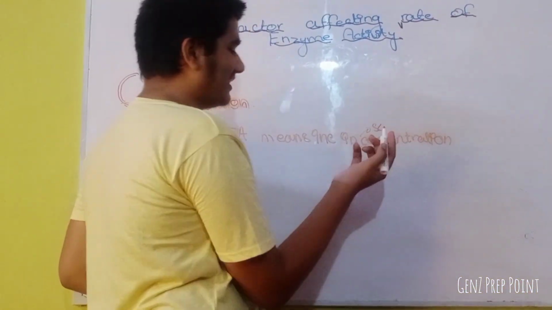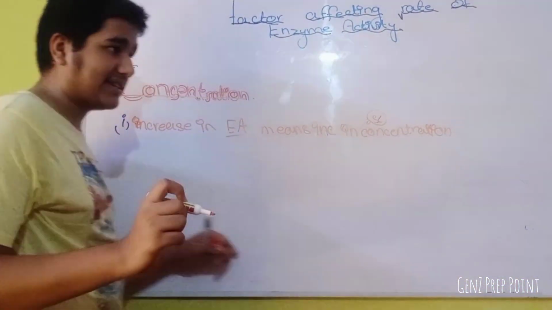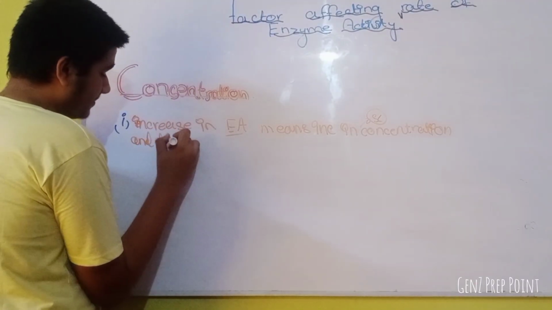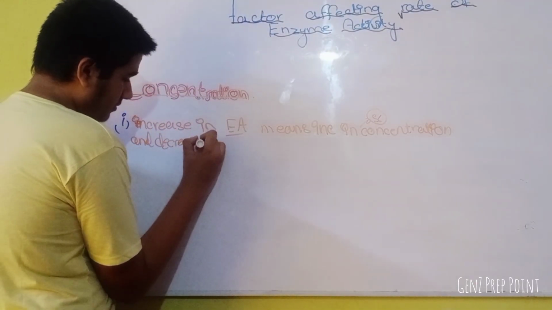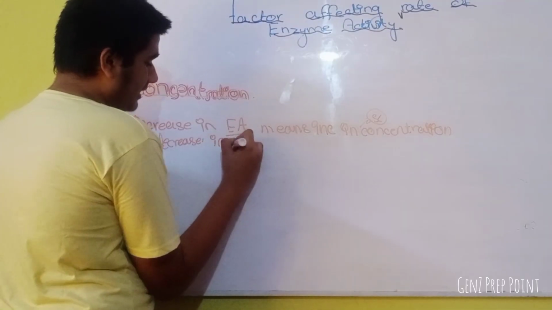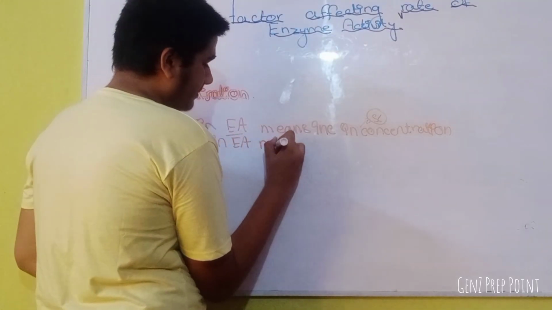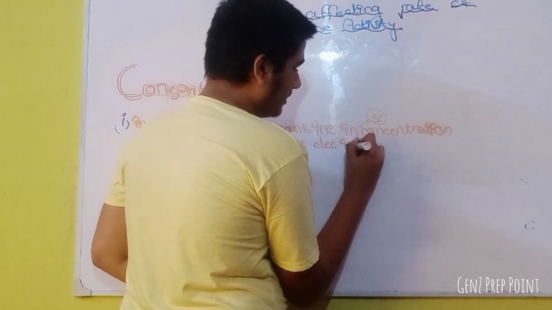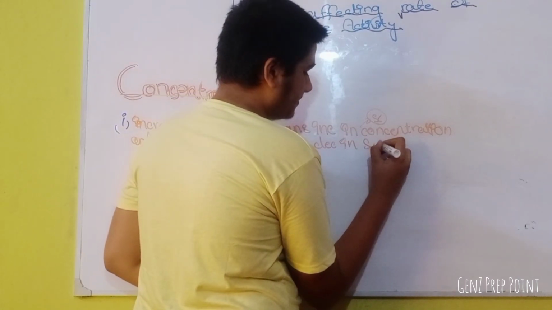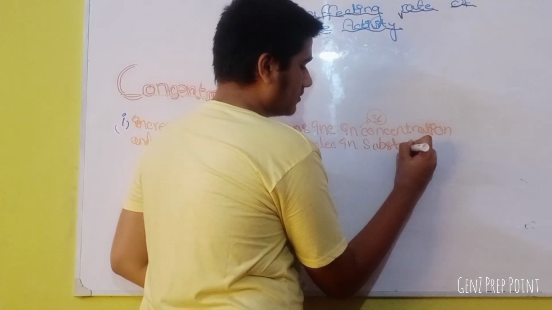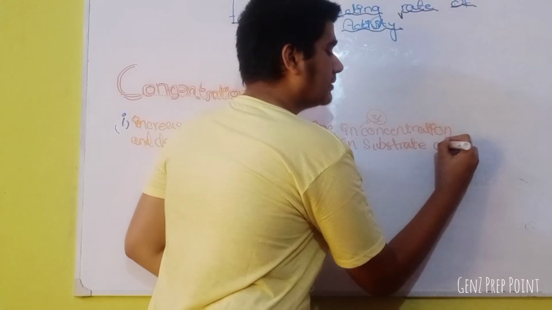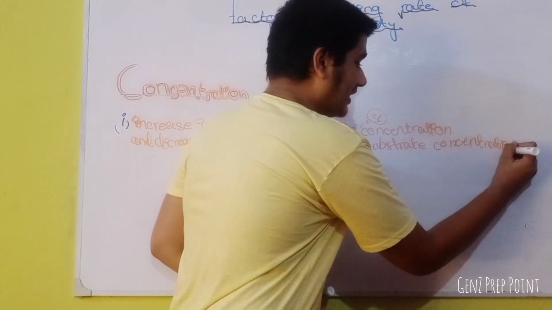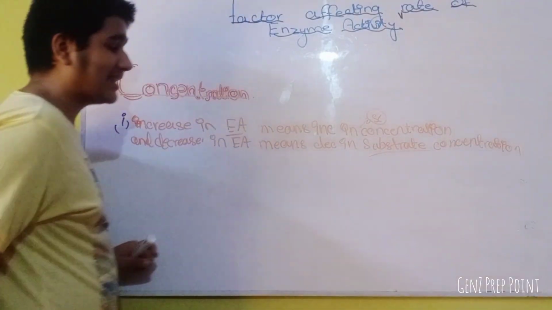So I can write SC, this means substrate concentration. And decrease in enzyme activity means decrease in substrate concentration. Because what is decreasing? Not the enzyme. The enzyme is not decreasing, but the substrates are decreasing.